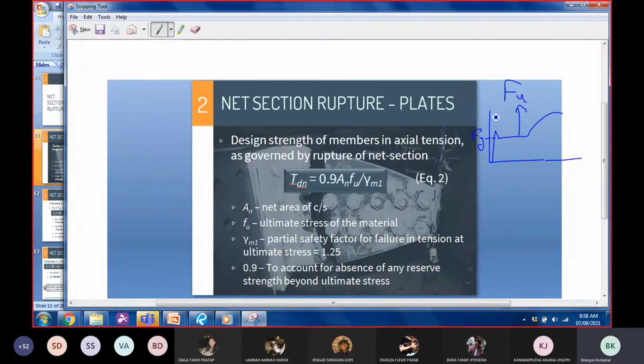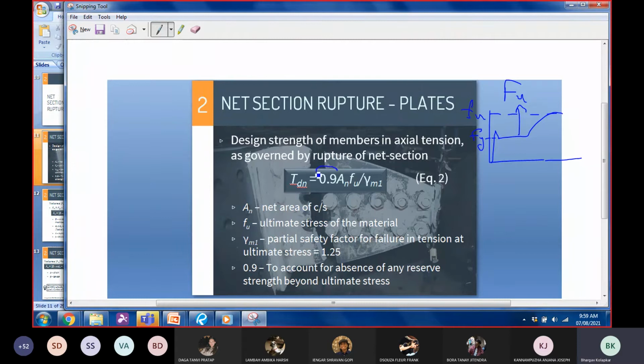But when we say that the failure is occurring at Fu, there's no further reserve strength in the material. We've already exhausted all the strength. So we just need some more cushion so that this is not actually reached. So this 0.9 is to account for the absence of any reserve strength beyond ultimate stress.